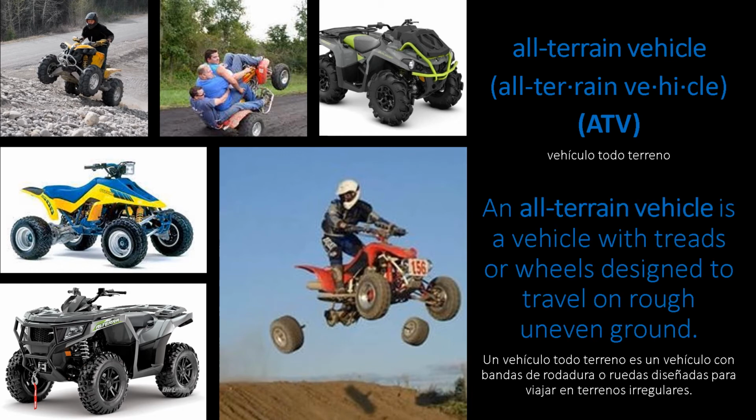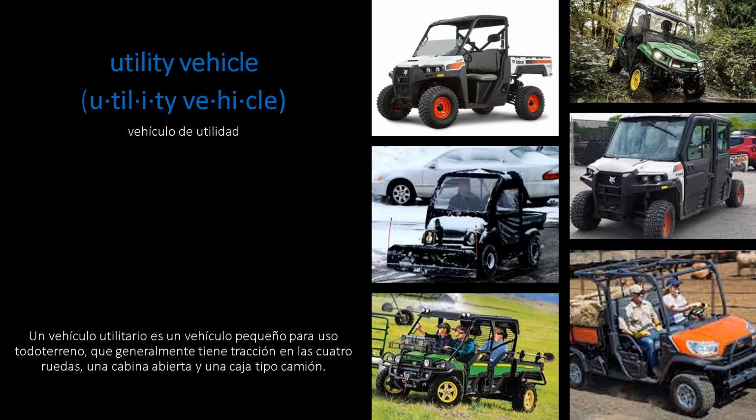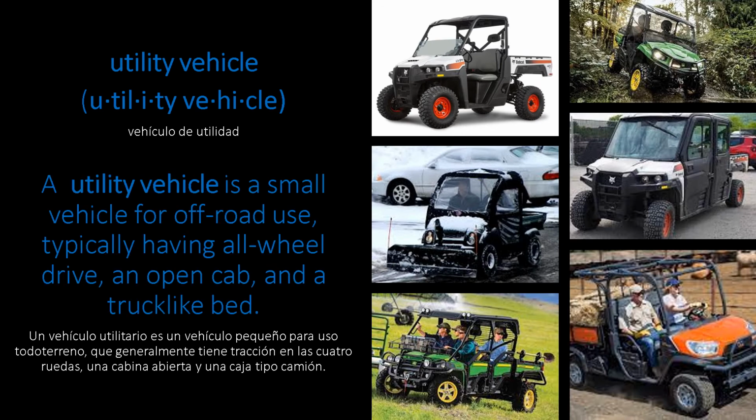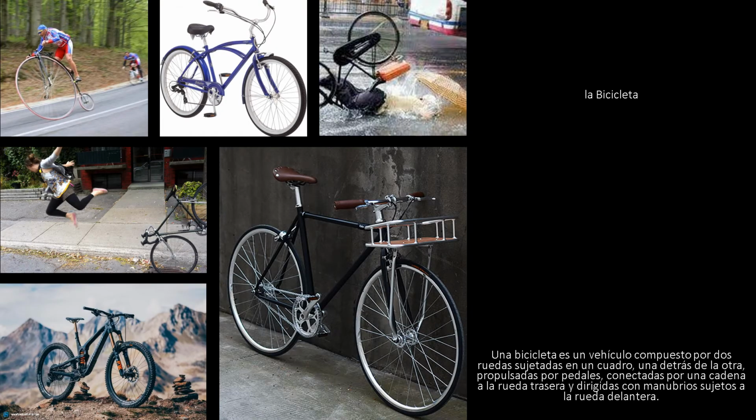An all-terrain vehicle is a vehicle with treads or wheels designed to travel on rough, uneven ground. Utility vehicle. A utility vehicle is a small vehicle for off-road use, typically having all-wheel drive, an open cab, and a truck-like bed.